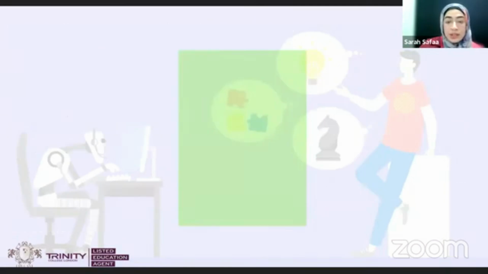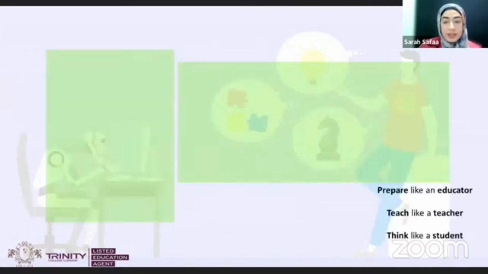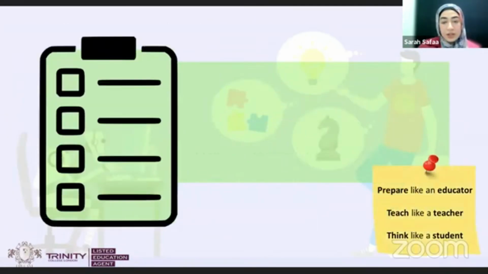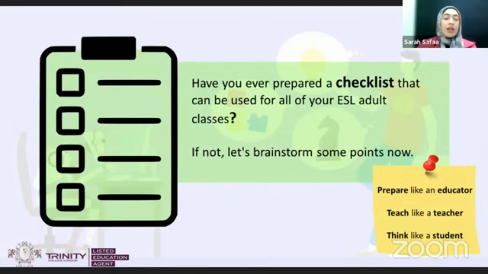Okay, so let's go. This is my checklist. Let me ask you first if you have ever prepared a checklist, or have you ever thought about a common checklist that you need to check before preparing any course? Because it's very important. You have to organize your thoughts. I like to tell myself I prepare like an educator, I teach like a teacher, and I think like a student.